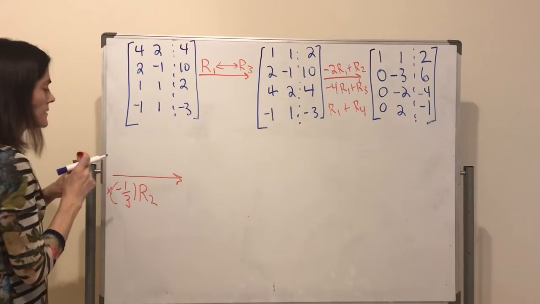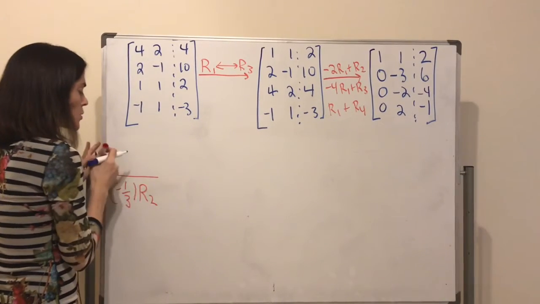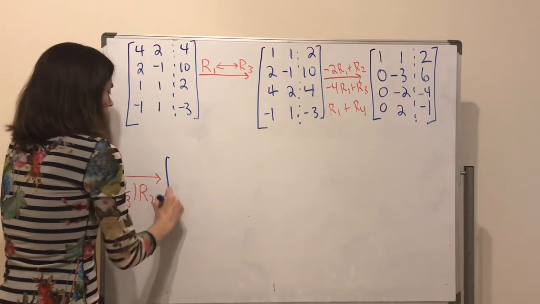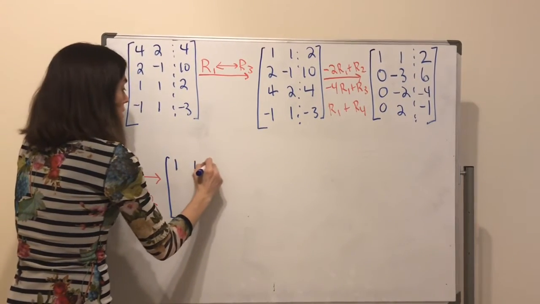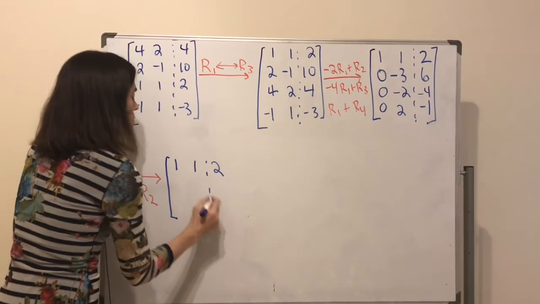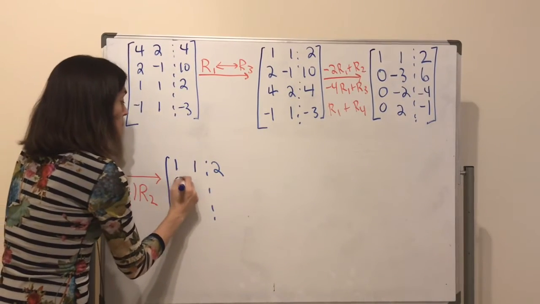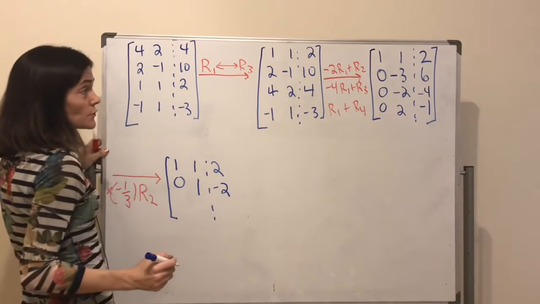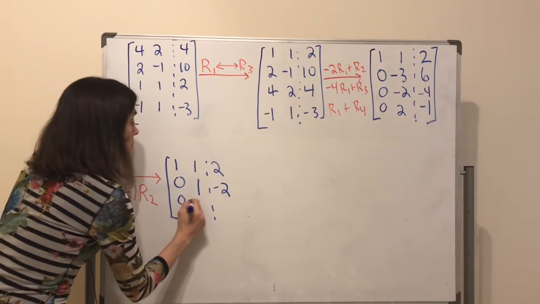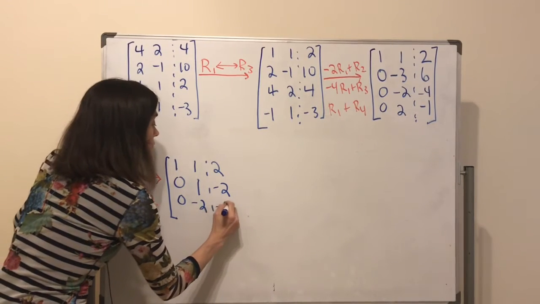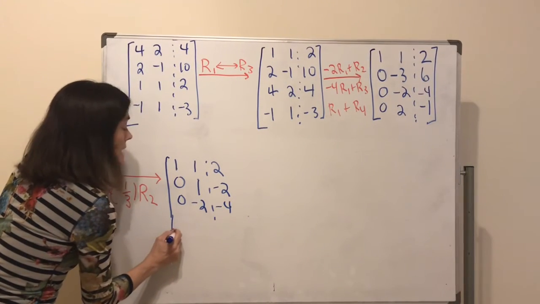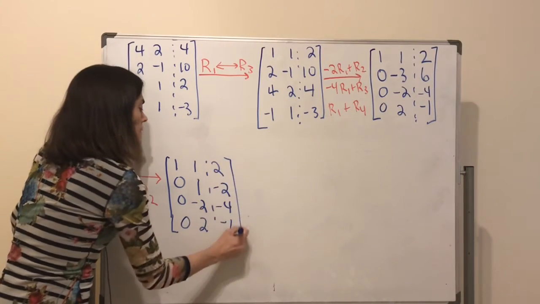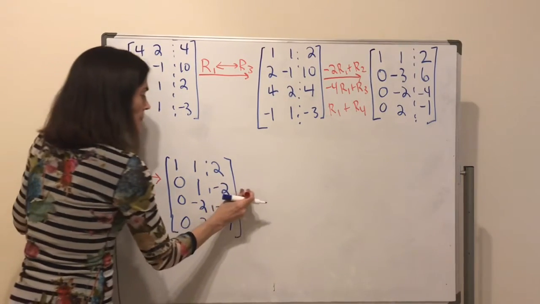Then I get 1, 1, 2. This becomes 0, 1, negative 2, and then I have 0, negative 2, negative 4, and my very last row is 0, 2, minus 1.